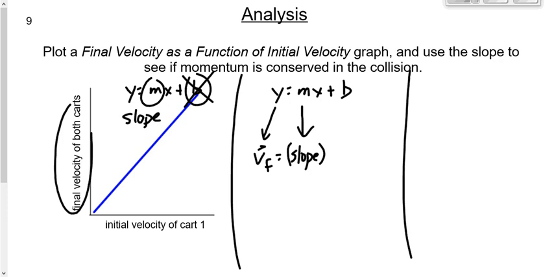Technically, we don't have to replace that, but I like to do that because I don't want to get slope mixed up with mass, right? In math class, you call the slope m, but in physics, we use mass a lot, so you might get it mixed up. The x-axis of this graph is the initial velocity of cart 1, so I'll call it v1I. And we already said that the y-intercept is going to be 0, or at least pretty darn close to that. So I'll just cross that off.